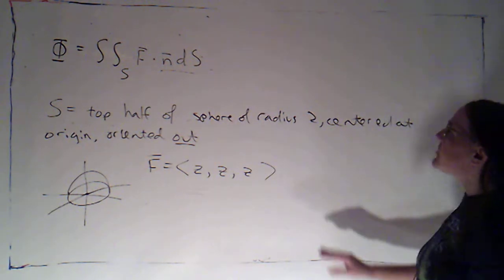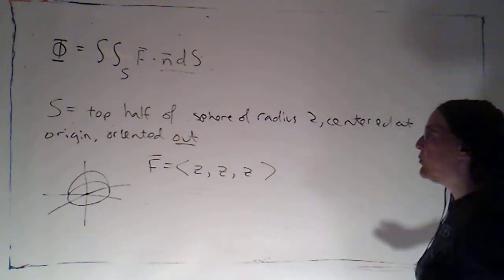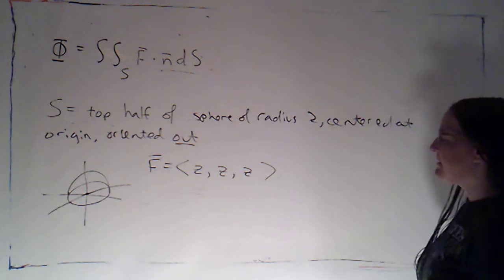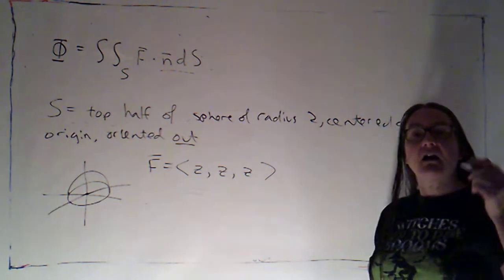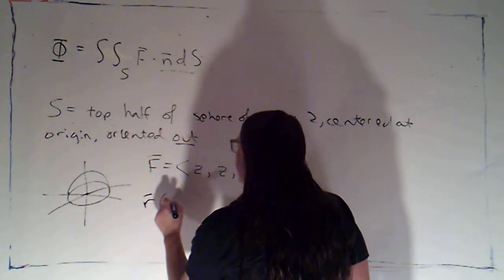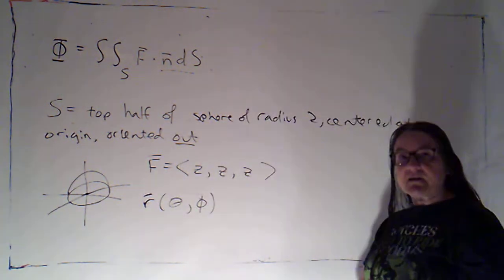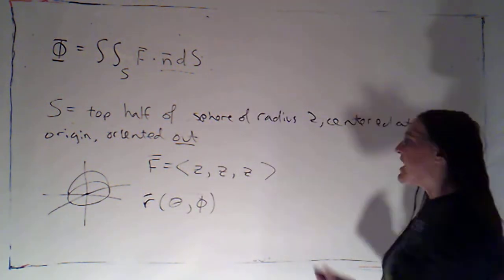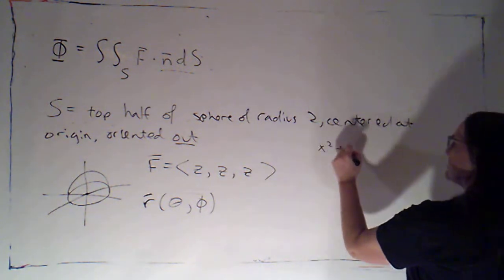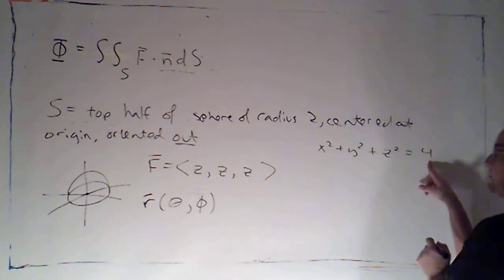Okay, so if my surface is the top half of the sphere, I'm going to need to come up with a formula, a parametrization of that, and I'm going to go ahead and parameterize that in terms of theta and phi. Now, since it is just the top half of the sphere, I know that the sphere would be x squared plus y squared plus z squared equals 2 squared, which would be 4.